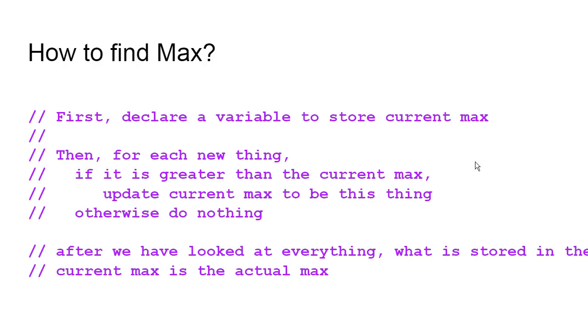So we declare a variable to store the current max, and then we look at each thing in turn and compare it with the current max. If it's bigger, then we know we found something bigger, so we update the variable that stores the current max to be the current value. And when we're done looking at everything, this variable will be storing the max value.